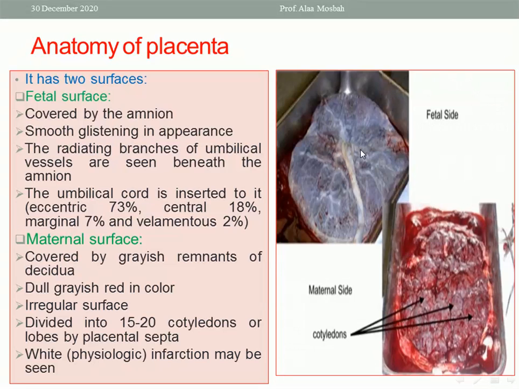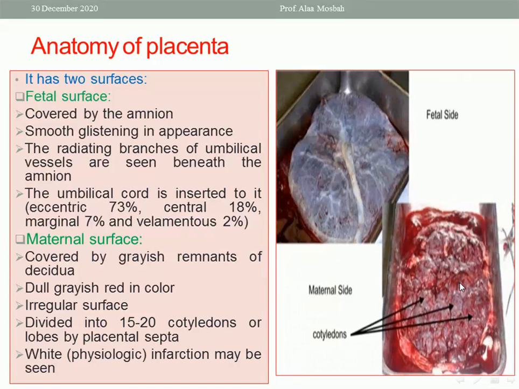Normally the umbilical cord in 73% is eccentric, while in 18% it is central, while it is marginal in 7% and velamentous in 2%. Okay? You can see the radiating branches of the umbilical vessels through this fetal surface, as you see.